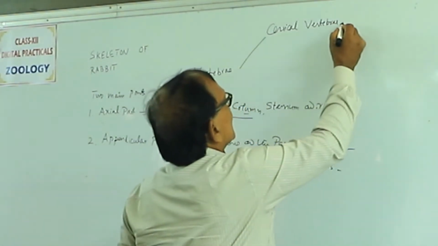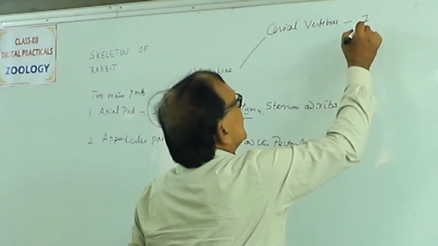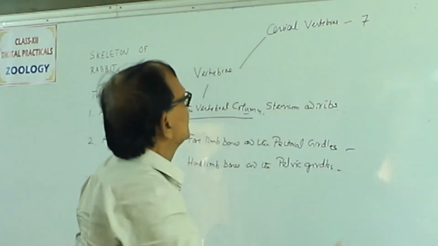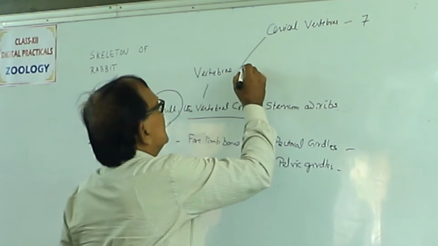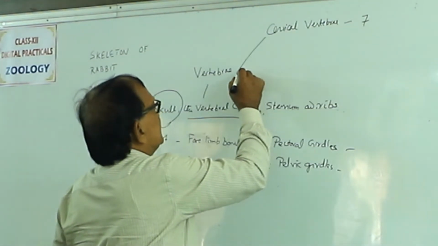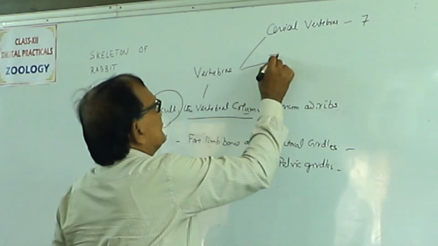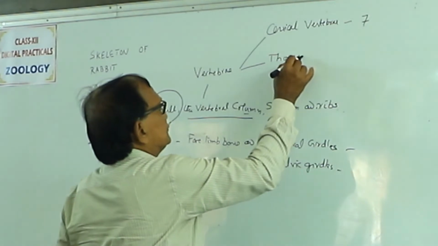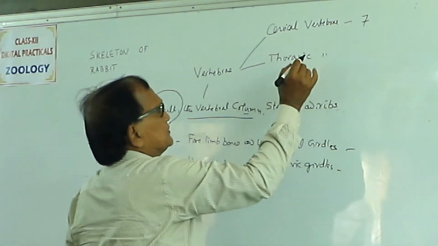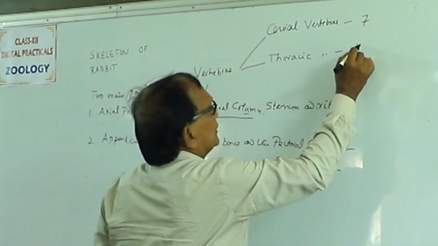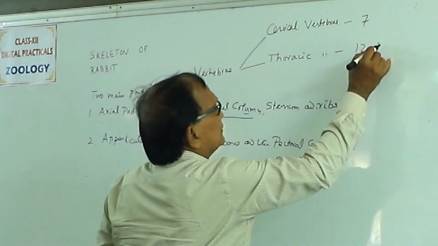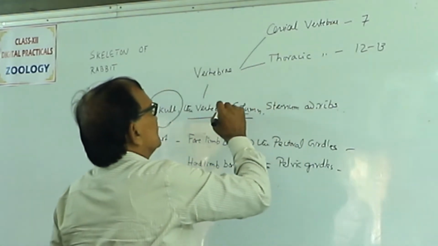There are 7, the number is fixed in mammals. Following the cervical vertebrae, we have the thoracic vertebrae, or in the thoracic region, we have 12 to 13 thoracic vertebrae.